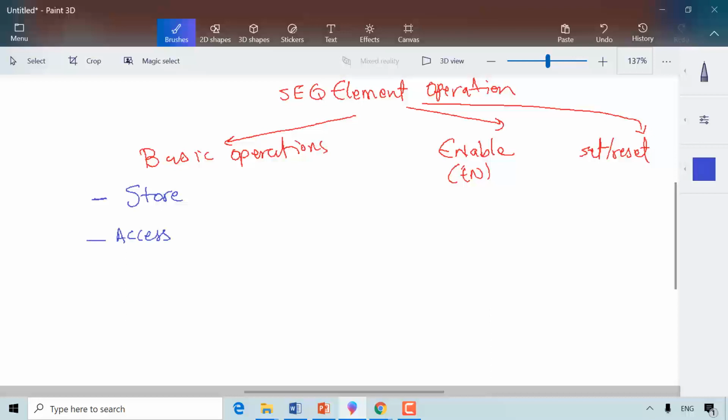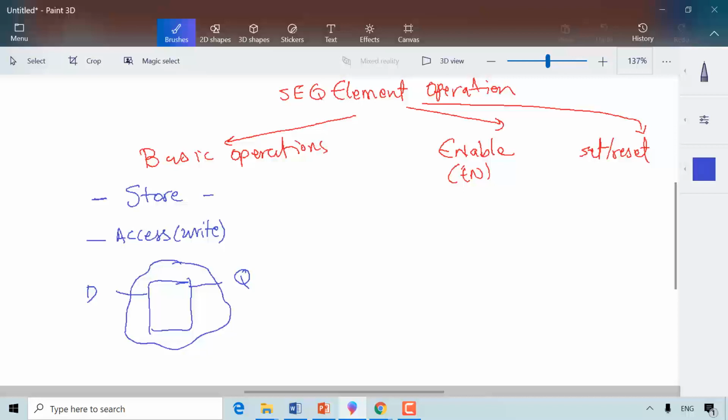In particular, write seems to be challenging, and you have to figure out the right operation. So when you create a sequential element, this is the D, this is the Q. If you invent a new sequential or memory element, you have to tell me how I can store the data and how I can write new data. These are must-have operations.